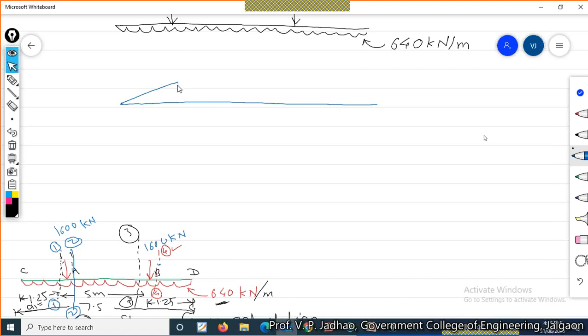On the left hand side, it is minus 1600. Here, again on the left hand side, it is plus 1600, and on the right hand side it is 800. So join these lines.